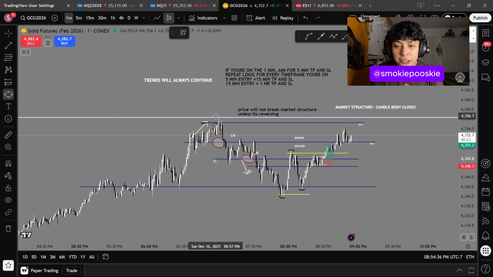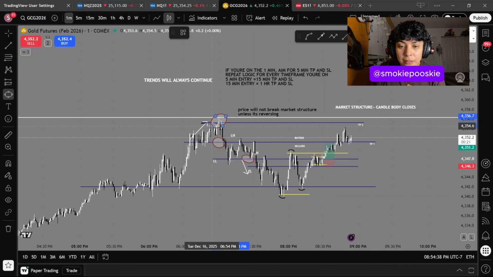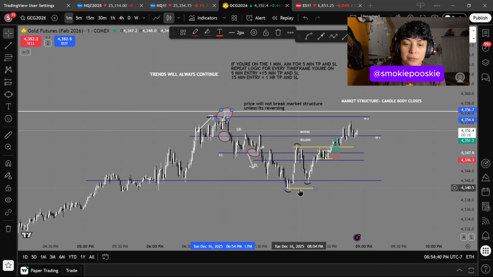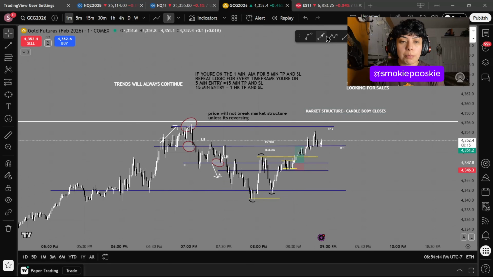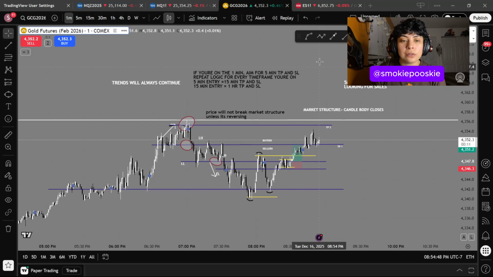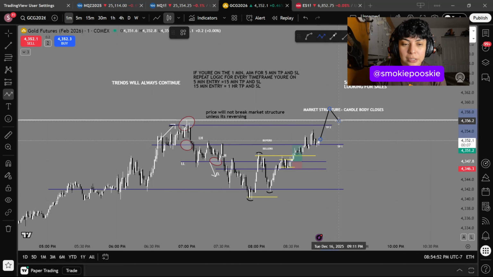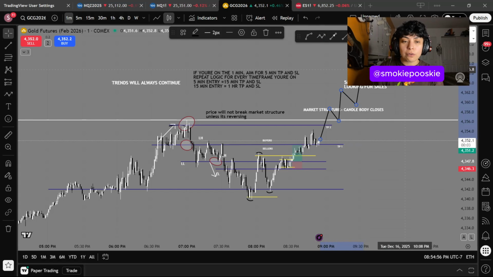Is it going to reject? Or is it going to break right through and continue that overall bullish market structure that we were looking at on the 4 hour and on the daily time frame?